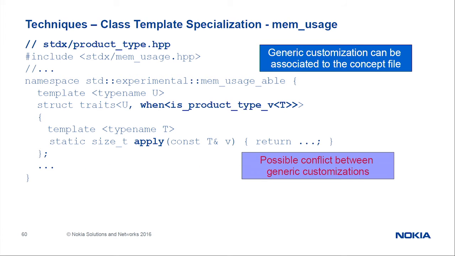For a product type, in this case, we will specialize when the type is a product type. And we write this in this way. And we can have this on this file. Okay? We define the specialization of mem usage for product types and some files associated to product types.